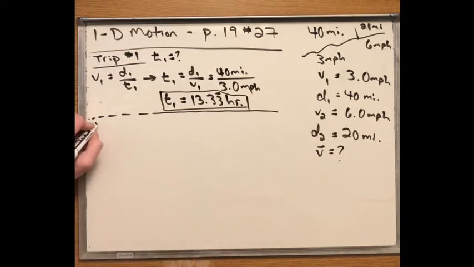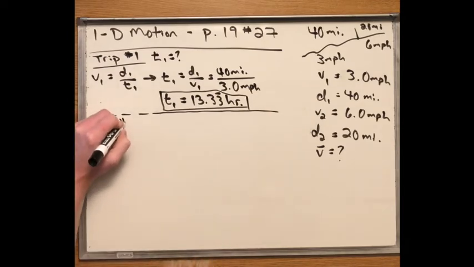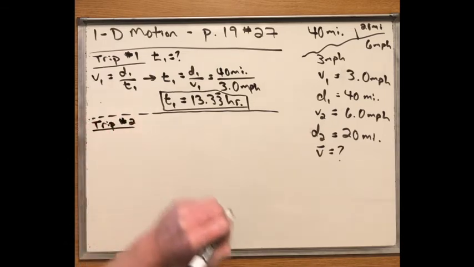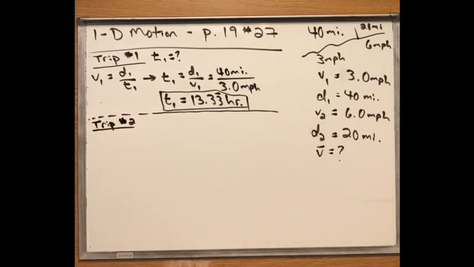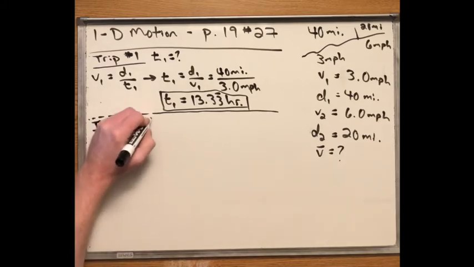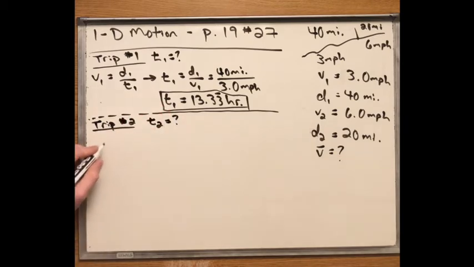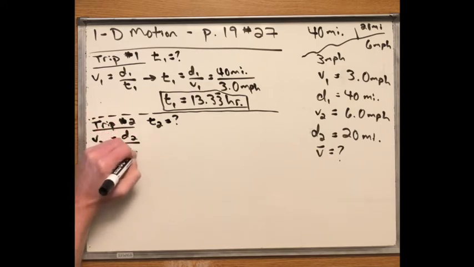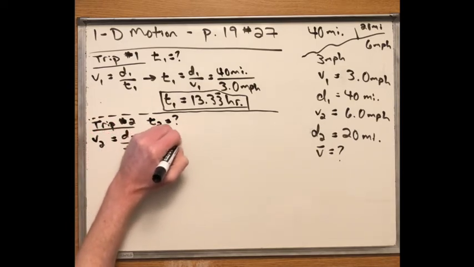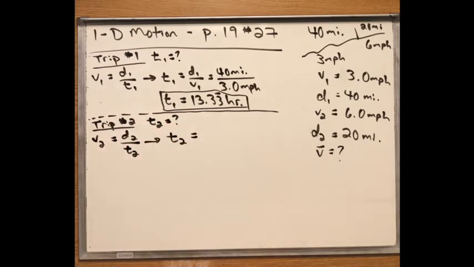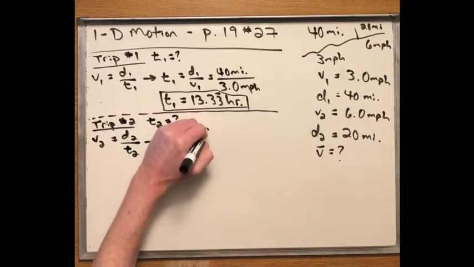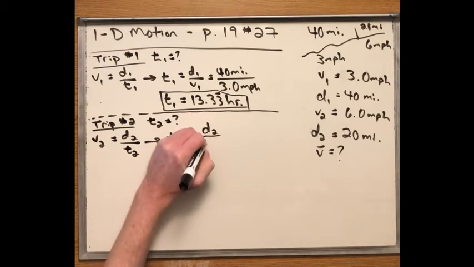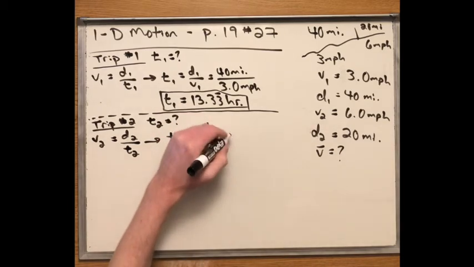Now we'll do the same thing, but for trip 2. And we can show in exactly the same way that the time on trip 2 is going to be equal to V equals D over T. So that would be V2 equals D2 over T2. And so we get T2. The time for the second part of the trip is D2, the second distance, over V2, the second speed.